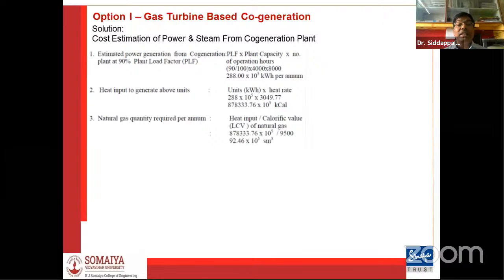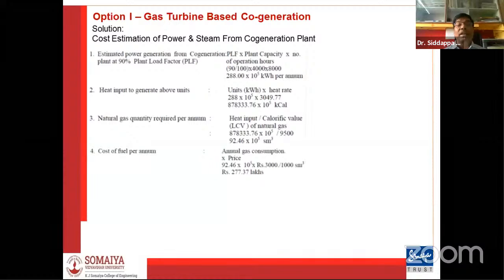I know the heat rate, 3049, the data he has given. Then this is the total amount, 878,333.76, I'll get. Then to get this much heat, how much natural gas is required per annum?